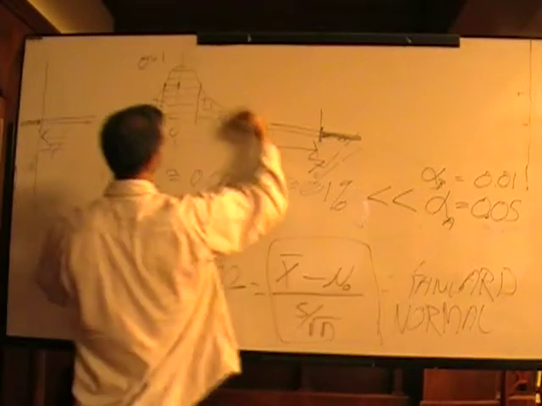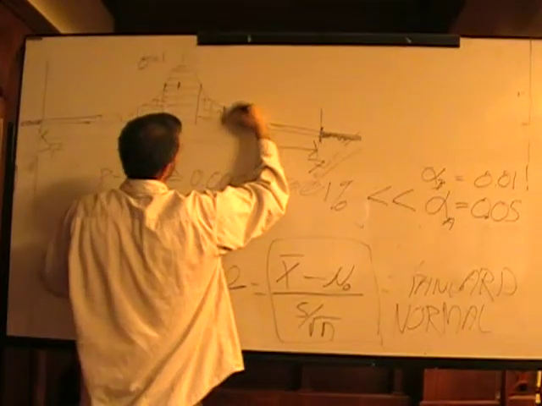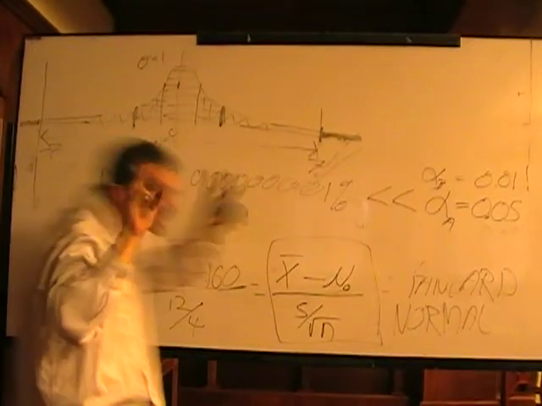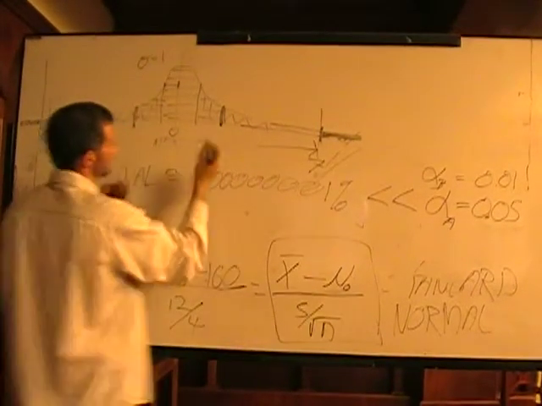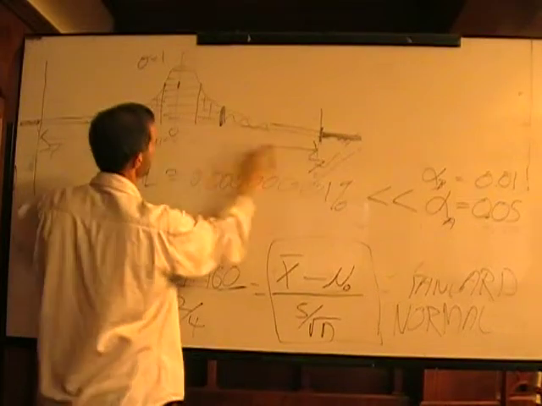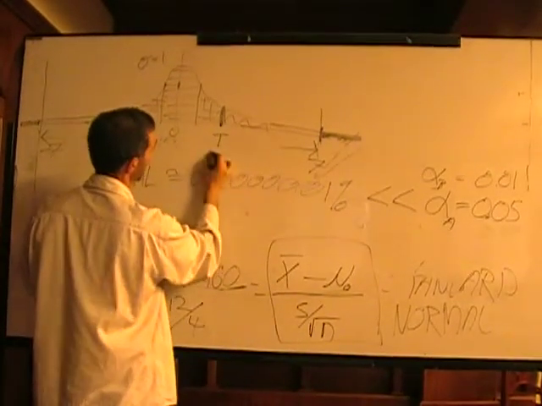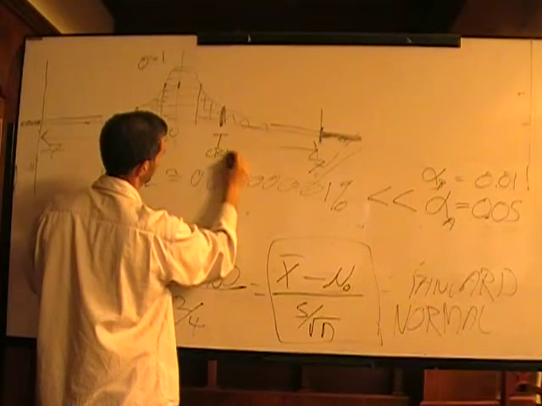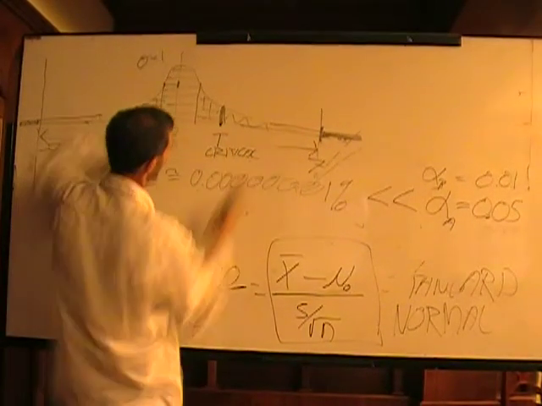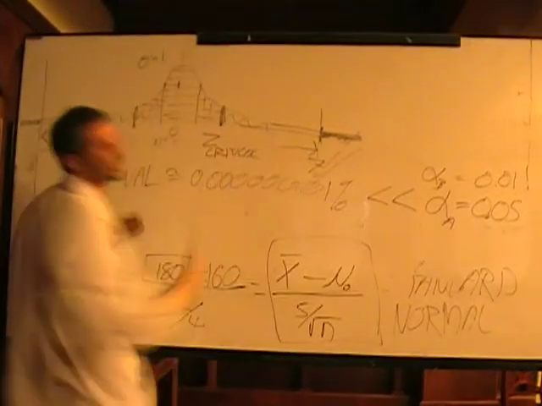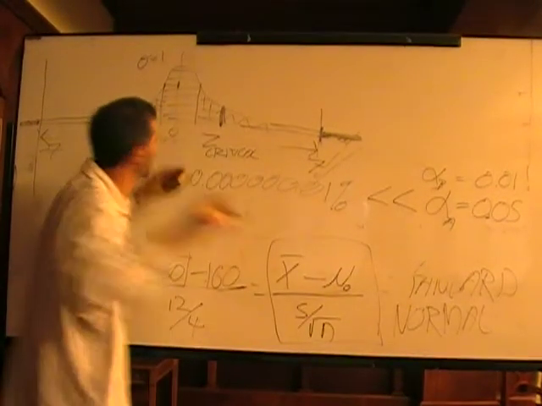alpha of 0.05 is here. This is what we call the critical value. That's a T. You can use a Z, same thing.